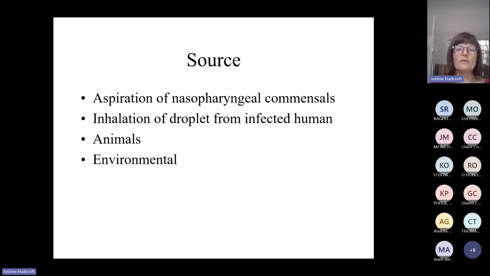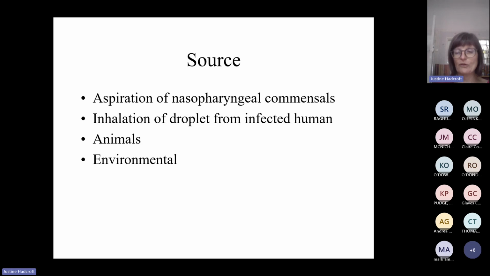Often it's inhalation of droplets from infected humans. So people with pneumonia that cough and sneeze, we can inhale the aerosol, or we can inhale the droplets, or droplets will be deposited on hard surfaces, door handles, bus bell presses, or bus rails, the uprights that you hold on to when you're on the bus.